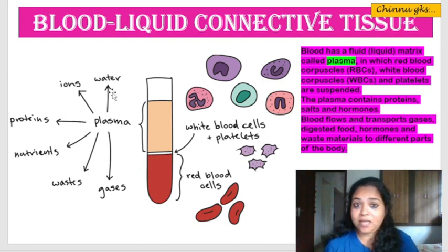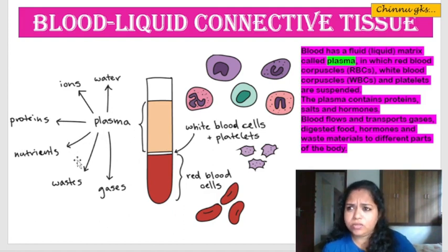Just remember that it's not that carbon dioxide is transported with the help of the RBC. It's only oxygen that is carried with the help of RBC. Carbon dioxide is carried with the help of the plasma. Apart from that, proteins, hormones, some other types of gases and signaling molecules are also carried with the help of the plasma. So you have a major role played over here.